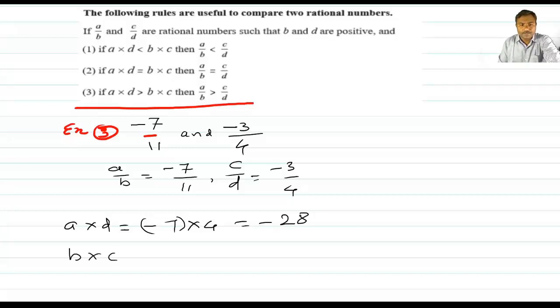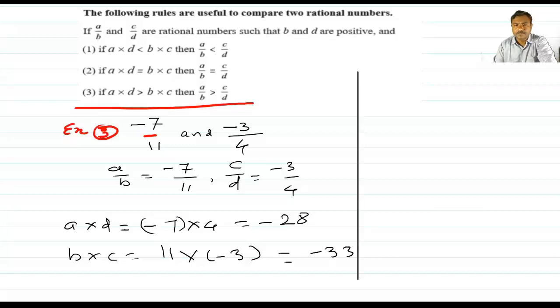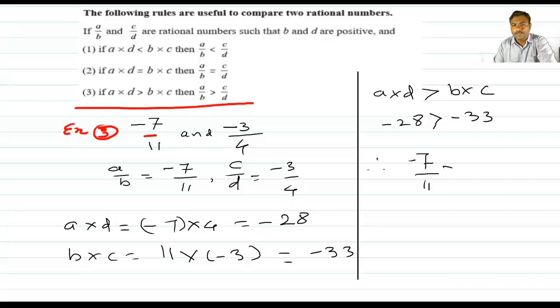B multiplied by C is equal to 11 multiplied by negative 3, 11 3s are 33, means negative 33. Here A multiplied by D is greater than B multiplied by C. That is, negative 28 is greater than negative 33. Therefore, we can say that negative 7 upon 11 is greater than negative 3 upon 4.